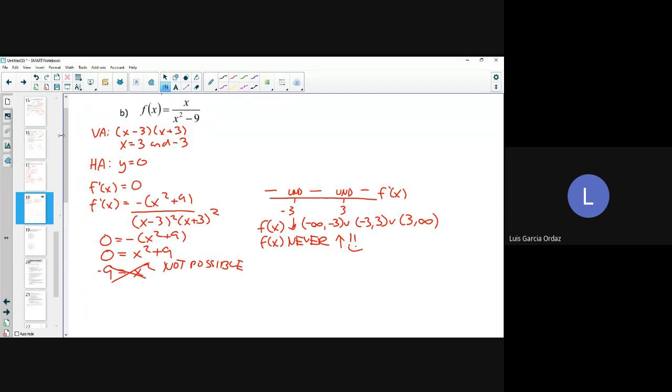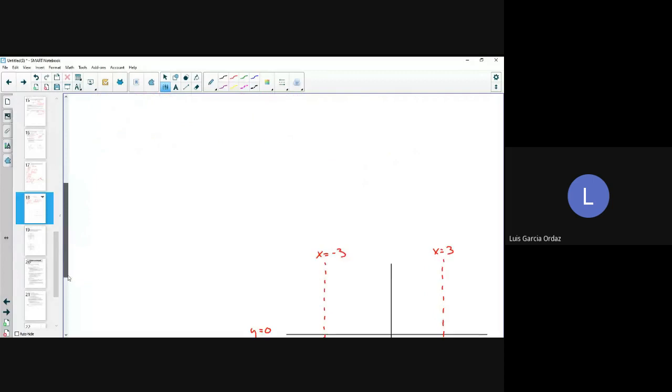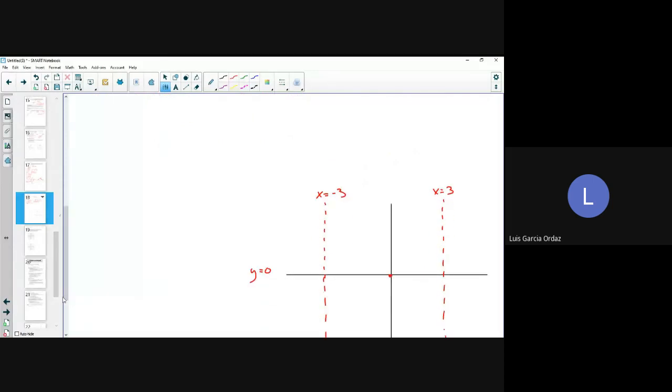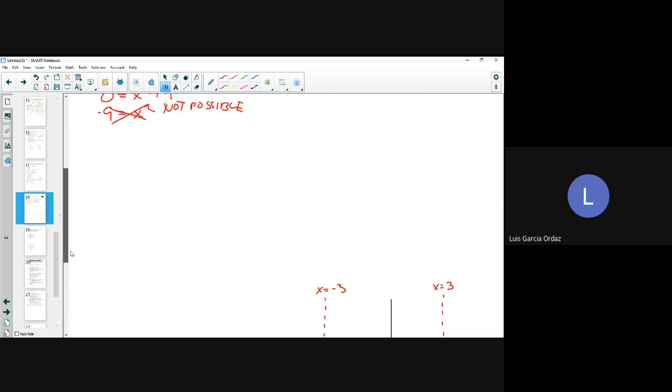Before we go to that part, let's find my y-intercept. That's when x is equal to 0. So f of 0 is equal to 0 over negative 9, which is equal to 0. So my y-intercept is at (0, 0), and I can come down here and plot my point. As you can see, I can probably take a guess as to what this graph is going to look like.